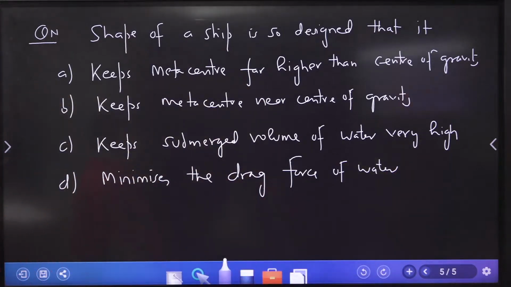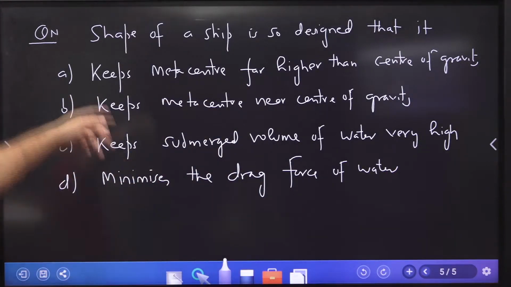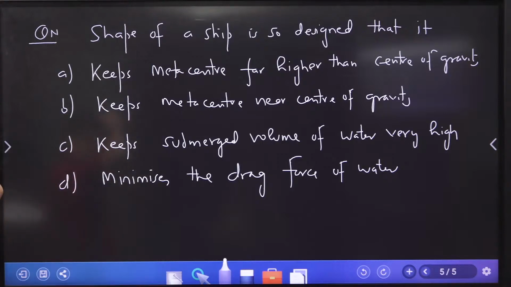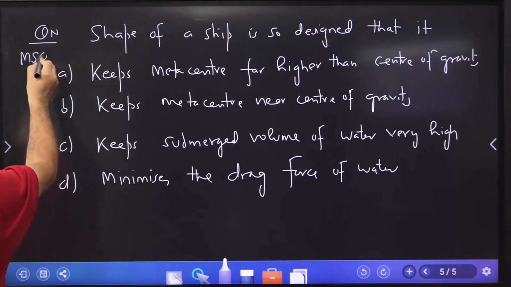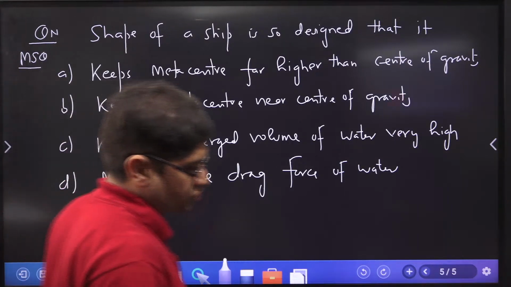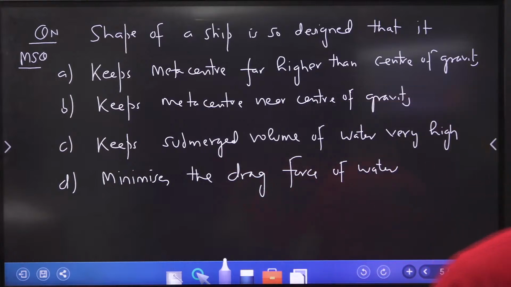Yes. Now give me the answer. For this, the shape of the ship is so designed that it keeps what? क्या करेगा ये? मेटा सेंटर को ऊपर करेगा, नीचे करेगा? आंसर लगाओ. Take it as MSQ, multiple statement questions. What do you think?